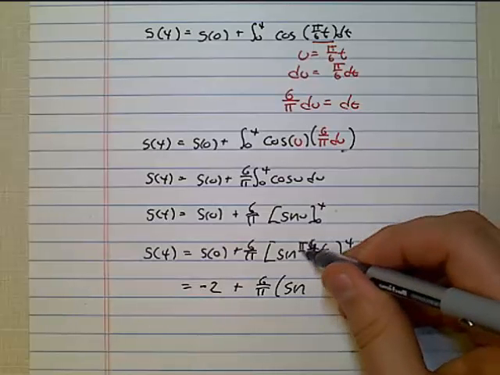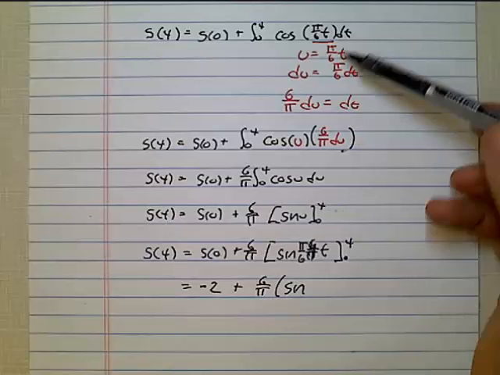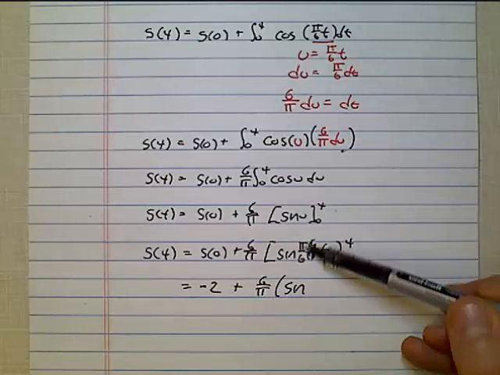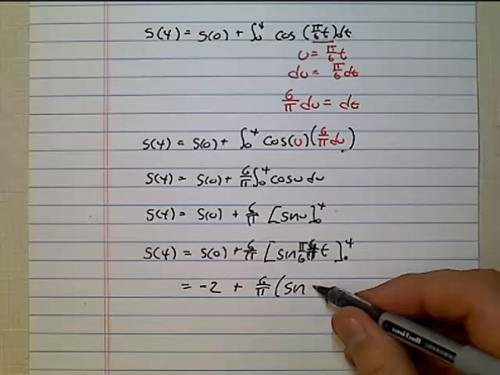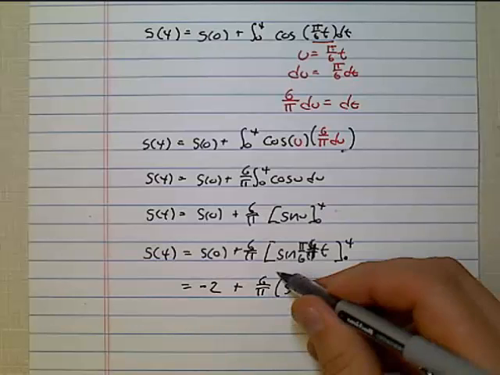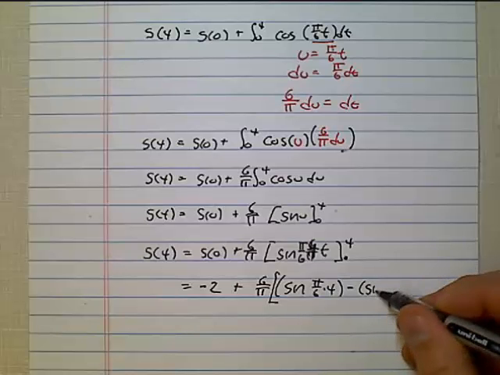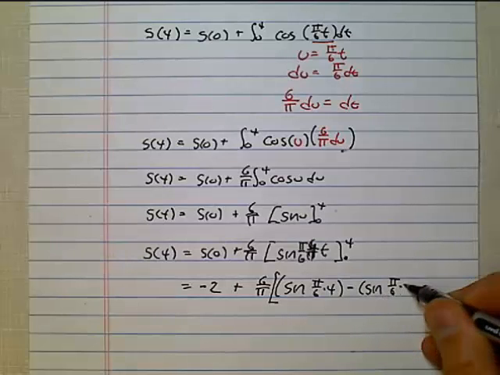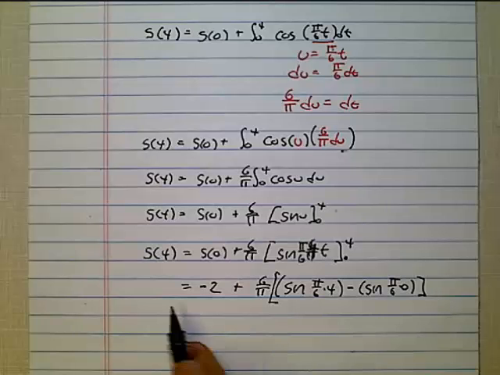Pi over 6, because our u is pi over 6 t. So we're going to have sine of pi over 6 times 4 minus sine of pi over 6 times 0. And we can leave our answer right there. That's where we'll leave it.